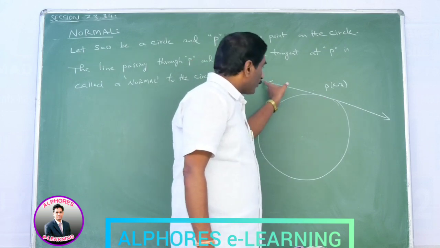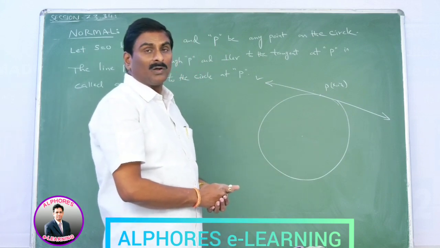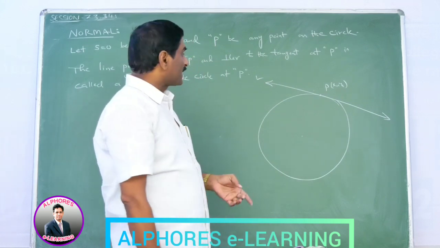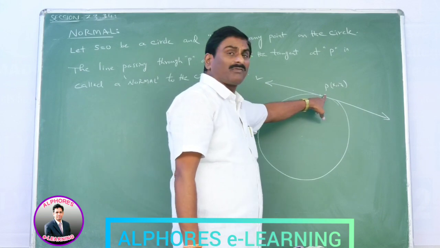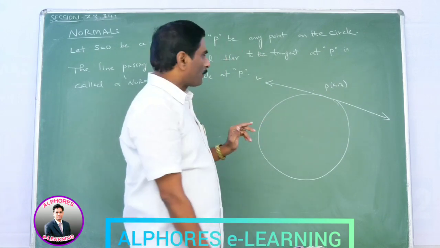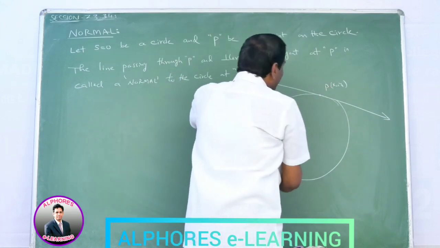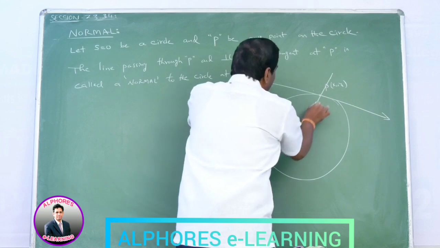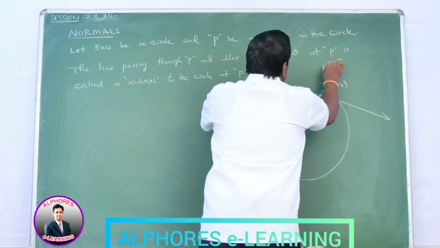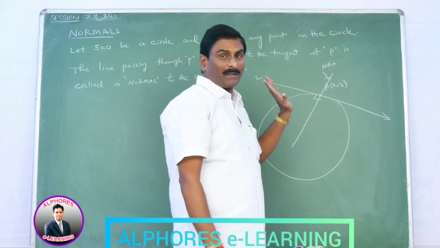From P we draw a tangent L. This is the tangent line. What is the normal? The normal is the line passing through this point of contact P and perpendicular to the tangent at P. If the line is drawn perpendicular to this tangent at P, it is said to be the normal.